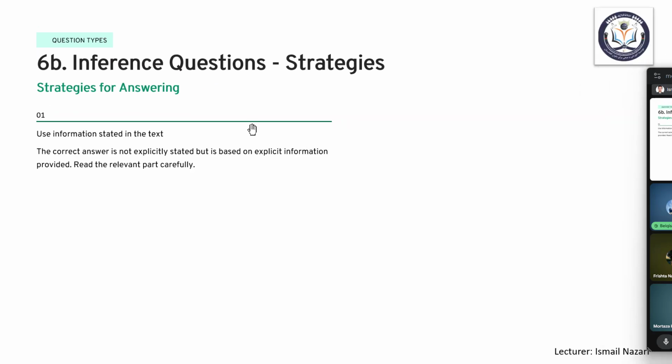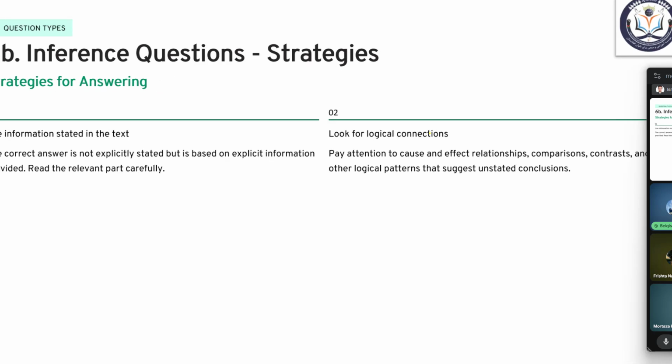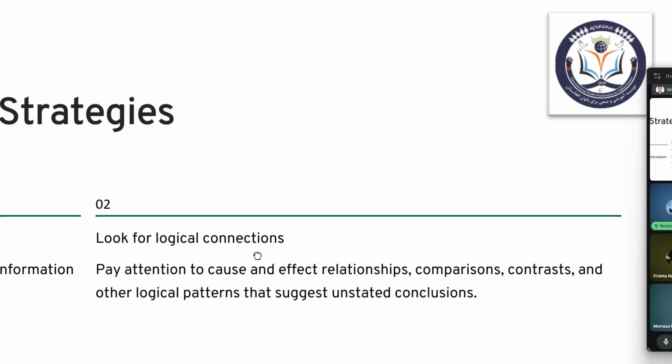The next step is to look for logical connections. What logical connections might be stated there? Is it a cause and effect relationship? Is that the kind of connection used inside the text? Is it a comparison? Is it a contrast?